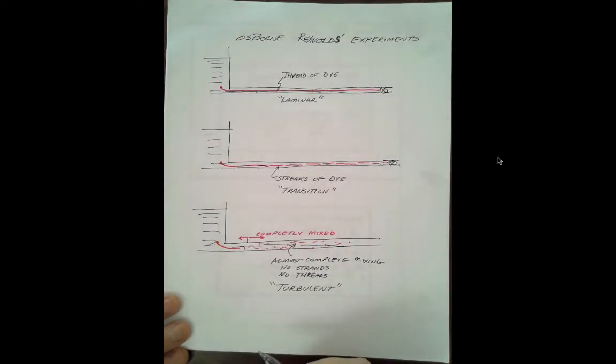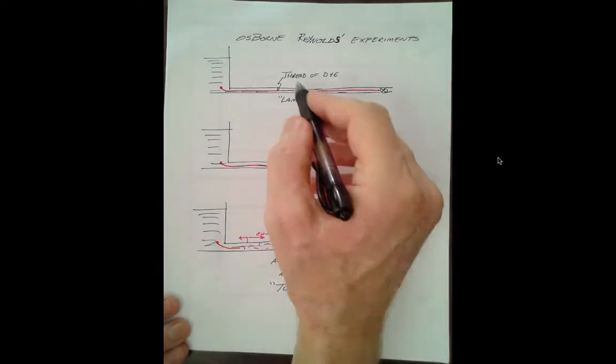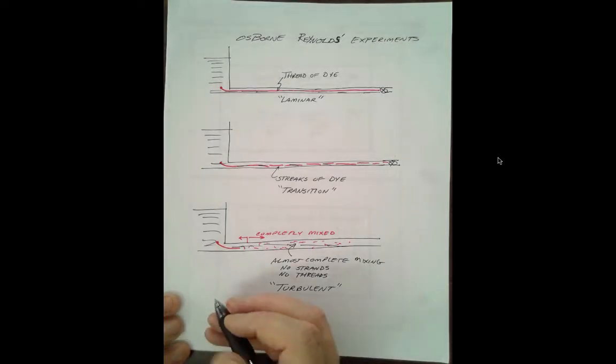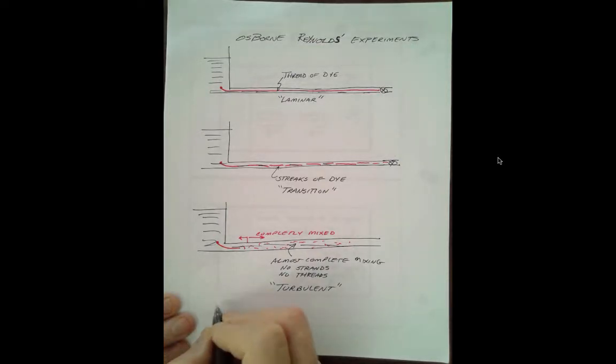And he further discovered that the onset of turbulence was predictable based on the dimensionless group rho v d over mu.